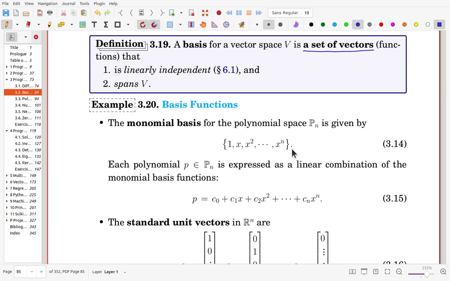So that means that this set is linearly independent. So this is linearly independent and spans the polynomial space Pn. So this is a basis, but each term is now a monomial term, so we say that it is the monomial basis.